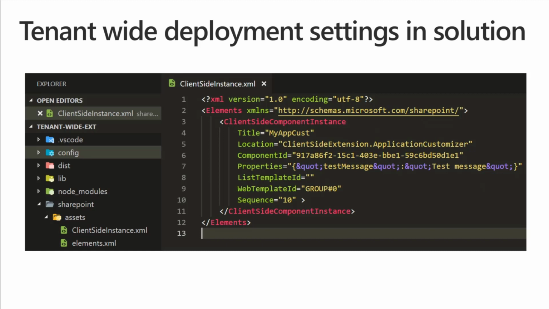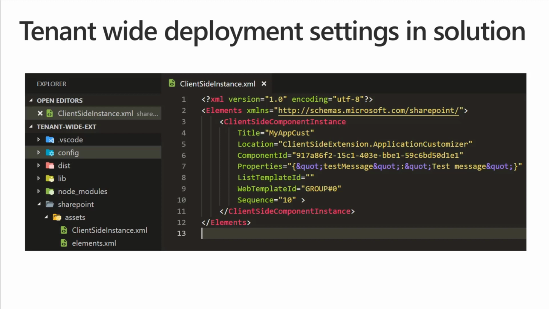This is slightly modified already. So we've added here the list template ID attribute for the client-side component instance element, and also web template ID and a sequence. So these are attributes which you can add to the client-side component element definition. And whenever this solution is activated on an application level, this entry is basically added on a tenant-wide deployment list, and then that activates the extension across the tenant.